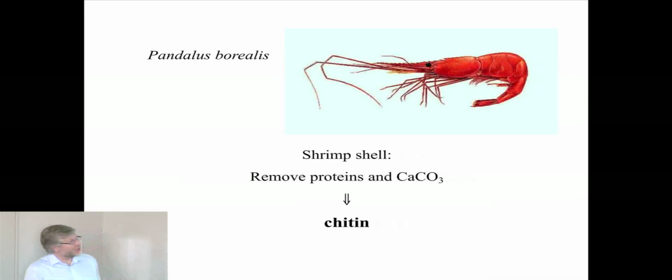The shell of the shrimp, but not only shrimp, also insects have chitin, and even squid has chitin in some cases. So in the shrimp industry, the shell is collected, and it goes through a process to remove proteins and calcium carbonate.